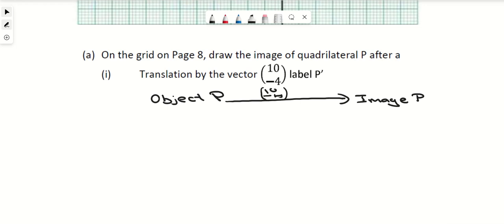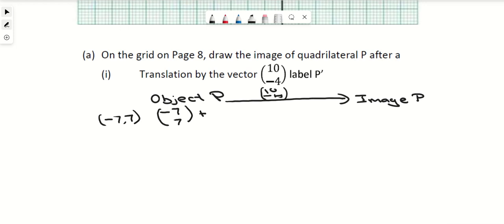Now, object P, let us look at the coordinates. We have the coordinates from above, right? The first coordinate was minus 7, 7. Minus 7, 7 as a column vector would be minus 7 on top, 7 at the bottom, right?